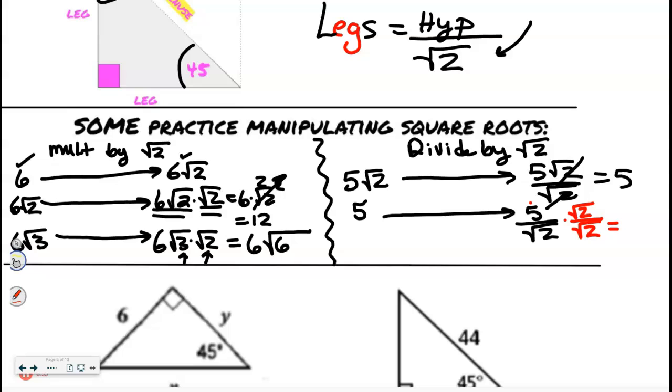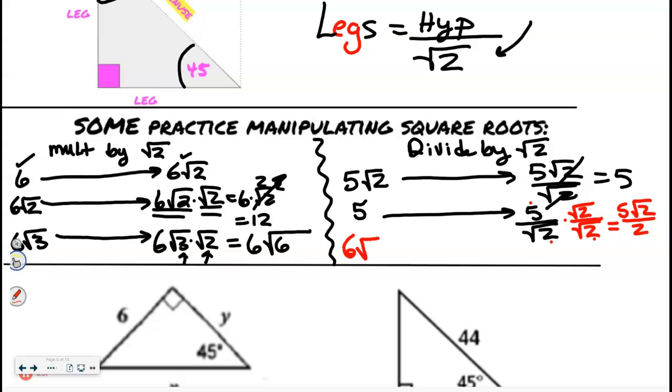So now I have the 5 that's out and the root 2 that's in. They cannot be combined. On the bottom, though, I have root 2 times root 2, which is root 4, or just 2. And that doesn't simplify.